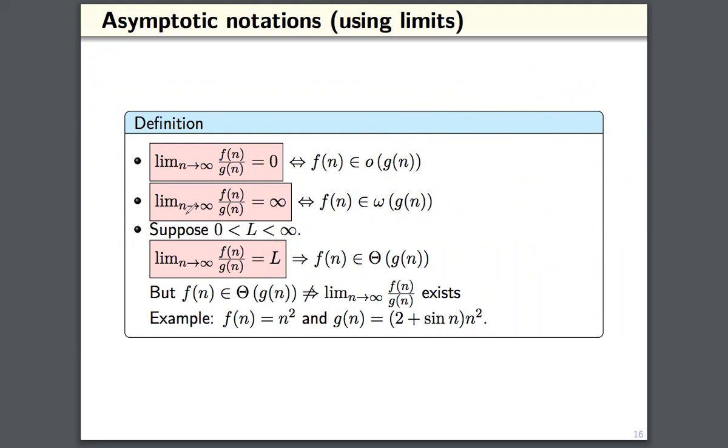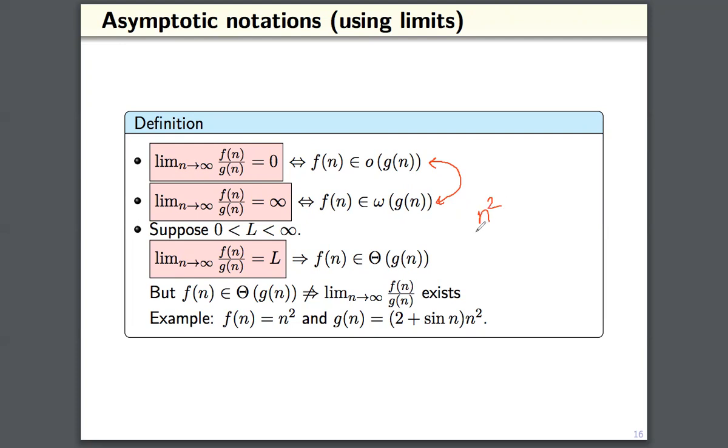Next, if the limit of f of n divided by g of n is equal to infinity, that is equivalent to f of n being omega of g of n. You can consider this as kind of opposite to the previous one.